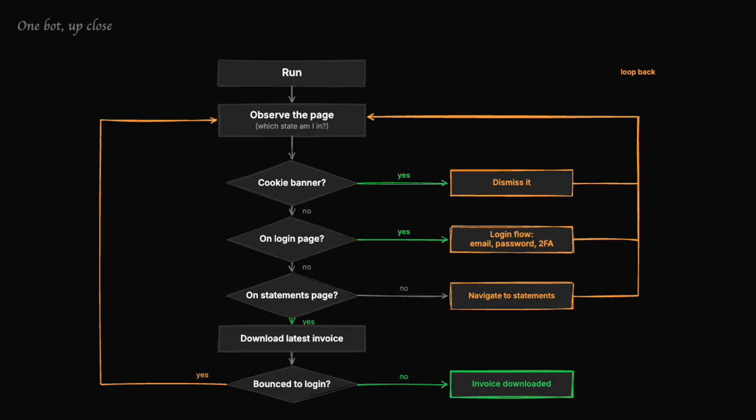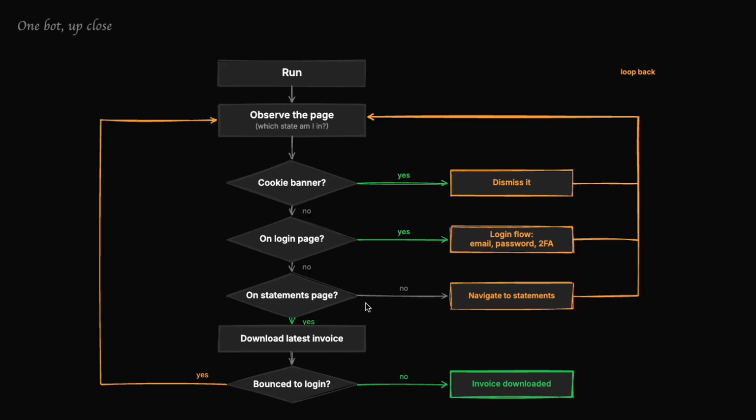Now zoom into one bot, the collector script for HP Inc. This is not a fragile list of clicks where step 1 assumes step 2 will always be available. It runs more like a state machine. The bot looks at the page, works out what state it's in, and runs the highest priority handler that matches. If there's a cookie banner, then clear it. If it's on the login page, log in.